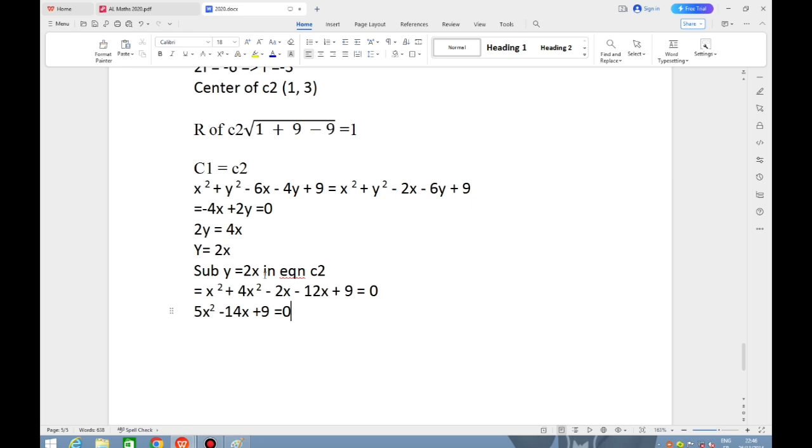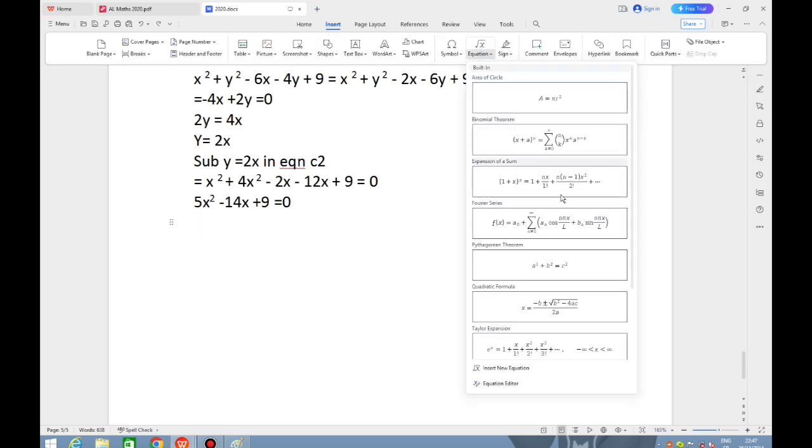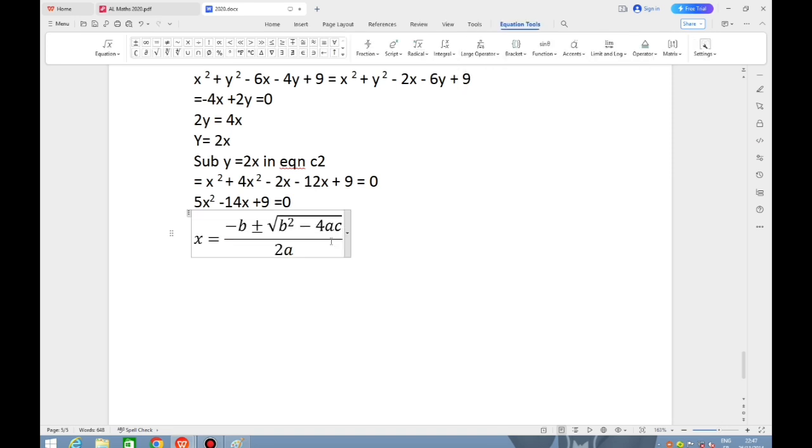Alright, now we can use the quadratic formula to find the possible values of x from this equation. Now the quadratic formula has b squared minus 4ac. Just substitute the values in here.